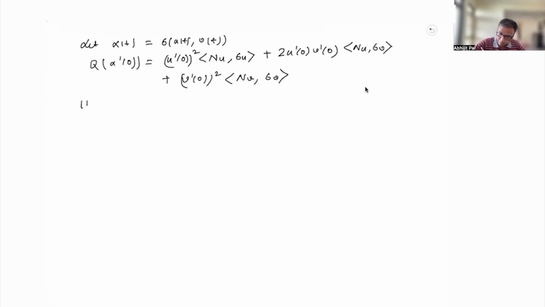So this is II of alpha prime(0) at the point P, where alpha(0) is equal to P. So II_P alpha prime(0) is equal to minus of Q_P alpha prime(0).